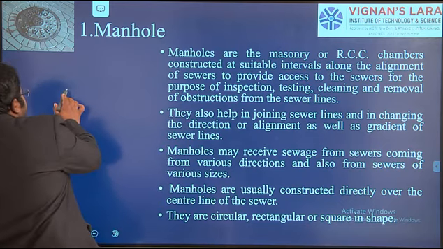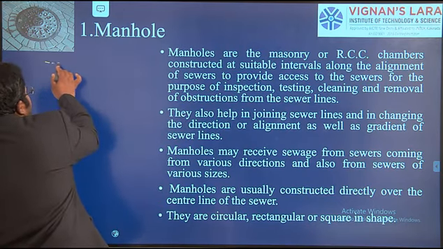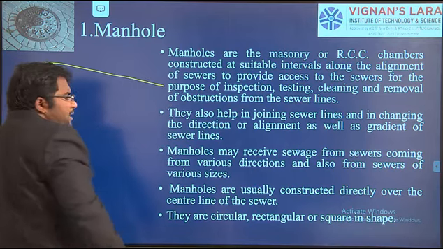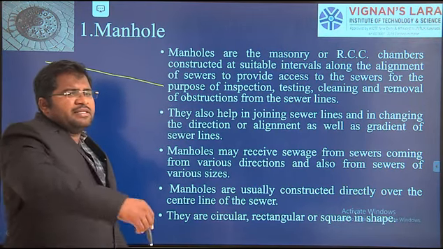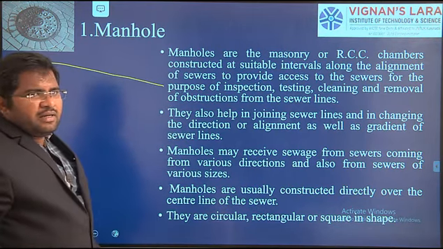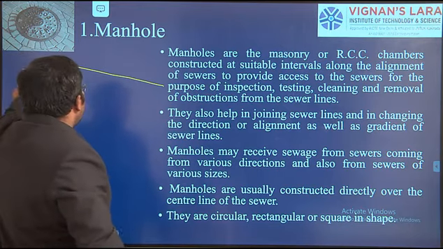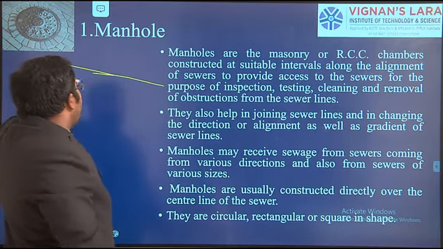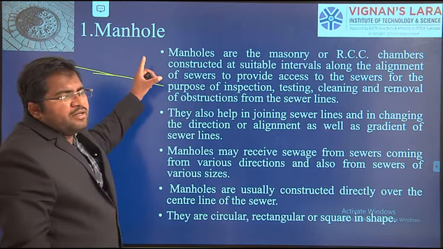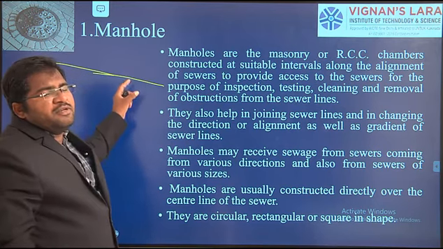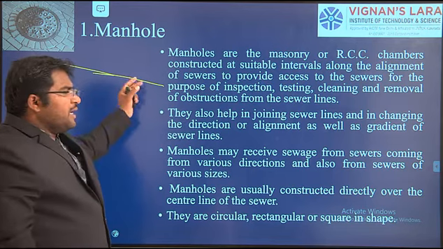whenever we have some gradient. Normally sewer lines are laid with some slope. Only then will sewage move with the help of gravity. We are not pumping the sewage, but it moves with the help of gravity.